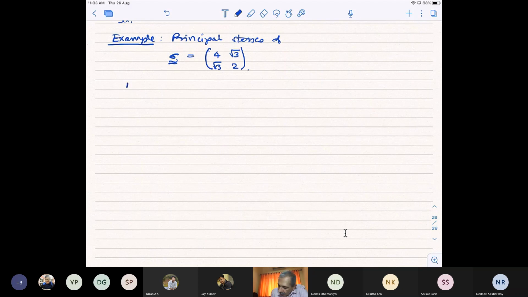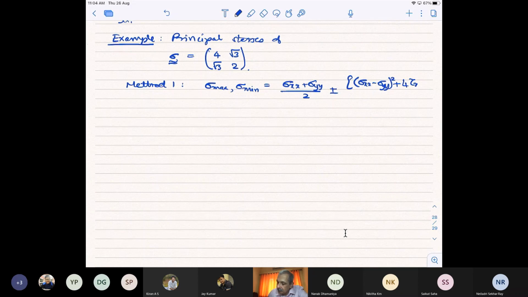So one method is the old one that we used, in which case sigma max and sigma min through the alpha method were simply given as sigma xx plus sigma yy by 2 plus minus sigma xx minus sigma yy whole squared plus 4 tau squared, raised to the power of half, divided by 2.